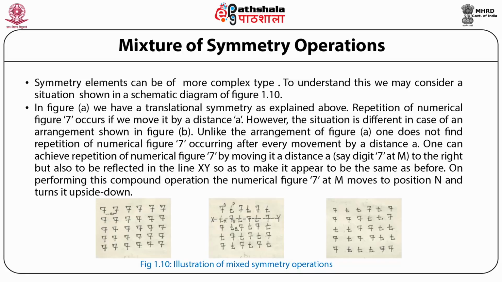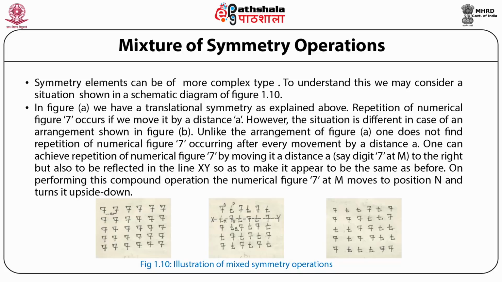Repetition of numerical figure 7 occurs if we move it by a distance, say A. However, the situation is different in case of an arrangement as shown in figure B. Unlike the arrangement of figure A, one does not find a repetition of numerical figure 7 occurring after every movement by a distance A.